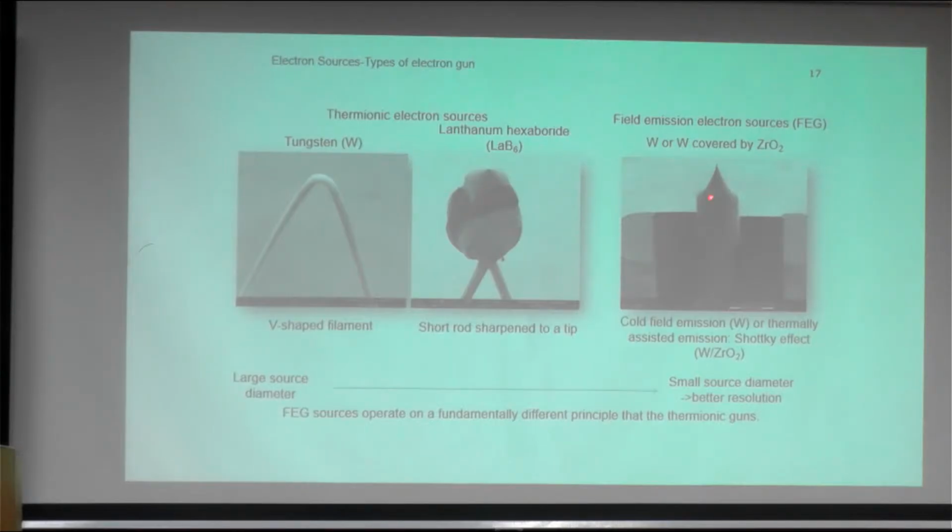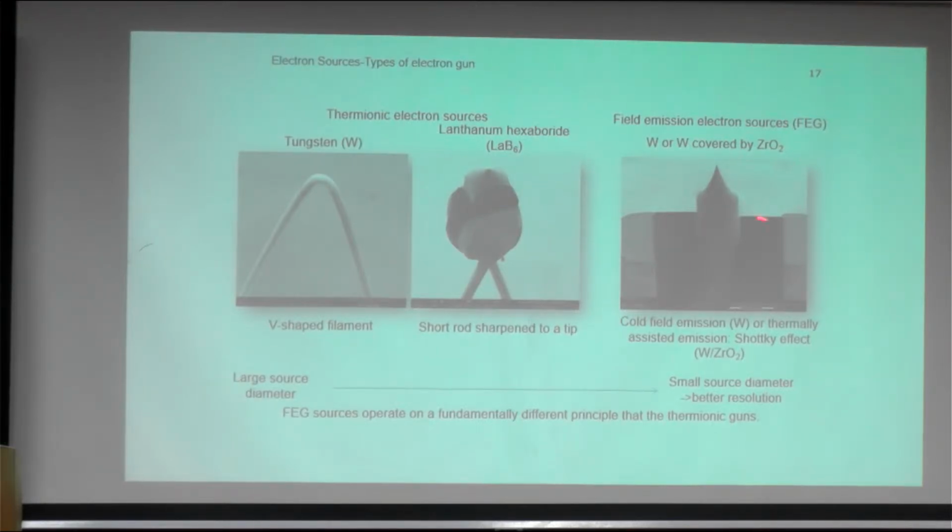And here, the source is very sharp. It's very sharpened. And they use different physical effects to extract the electrons. Here, you mainly just heat up your source, and then you can get an electron beam in the vacuum.